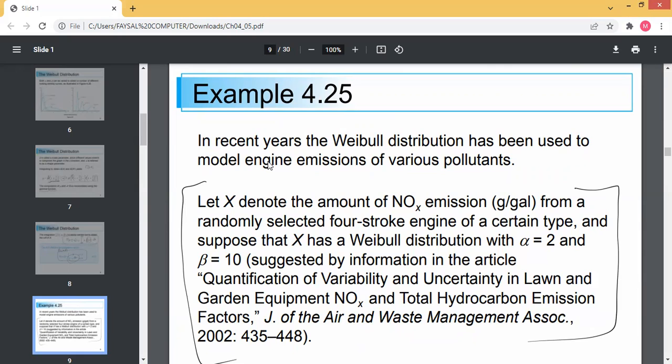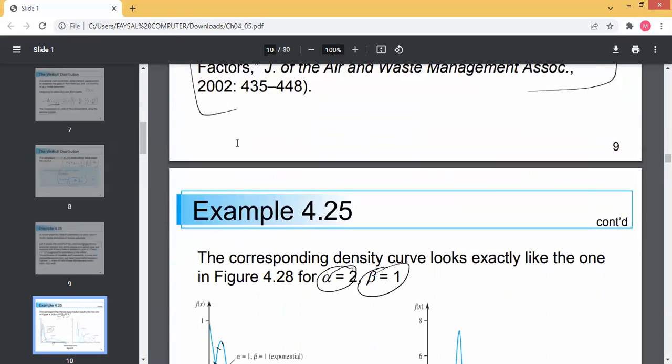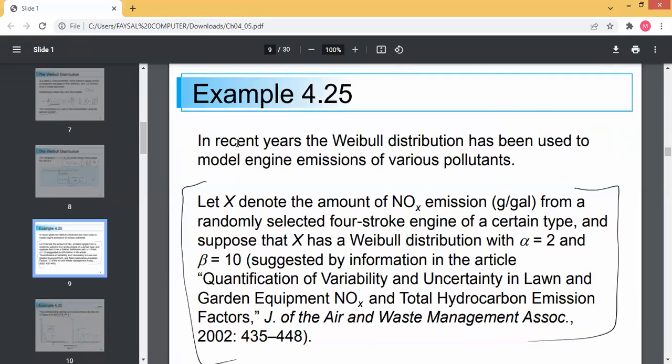Let X denote the amount of NOx, nitrogen oxide, emission from a randomly selected four-stroke engine of a certain type, and suppose that X has a Weibull distribution with alpha equals 2 and beta equals 10. This is suggested by information in the article on quantification of variability and uncertainty in NOx emissions. So the Weibull distribution is used nowadays in finding engine emissions.